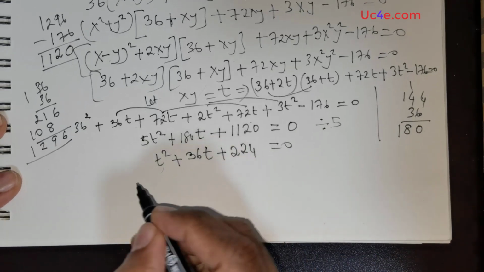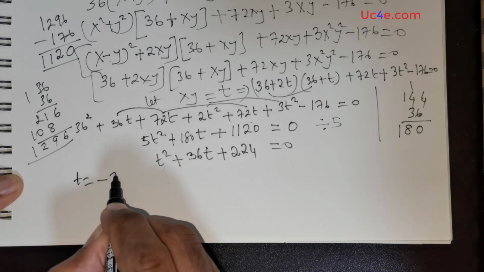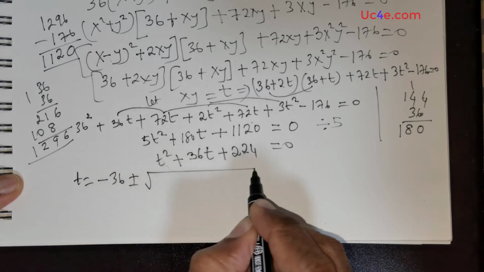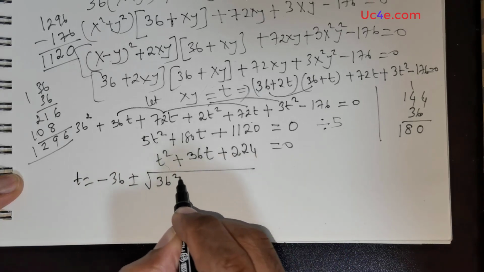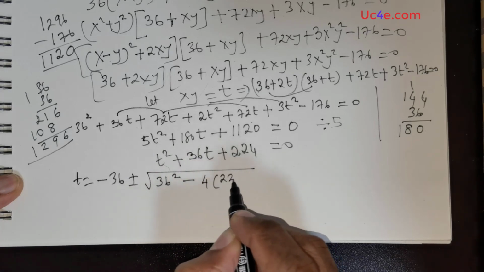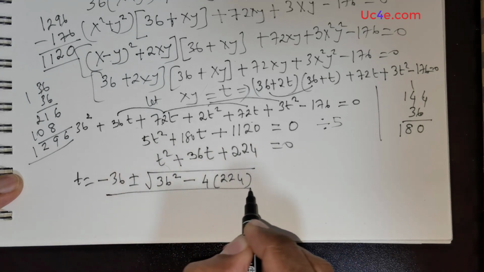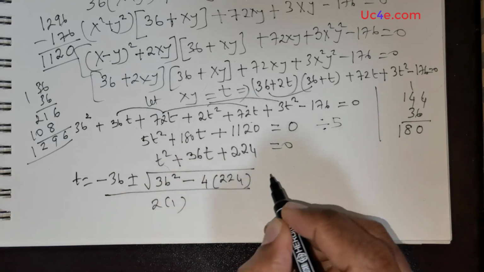So if you were to solve using the quadratic formula, t is equal to negative 36 plus or minus the root of b squared minus 4 times a times c, divided by 2 times a. So this is what you've got.